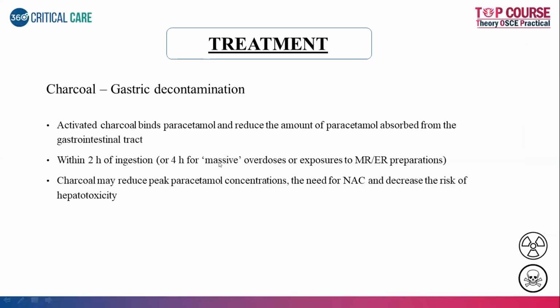If there is a massive overdose or if the patient has consumed extended release preparations, then you can also give gastric decontamination up to 4 hours. Some studies have shown that charcoal may reduce the peak paracetamol concentrations and the need for NAC, as well as decrease the risk of hepatotoxicity.